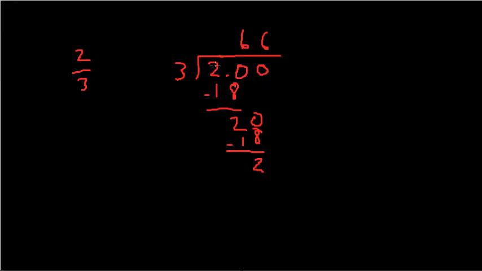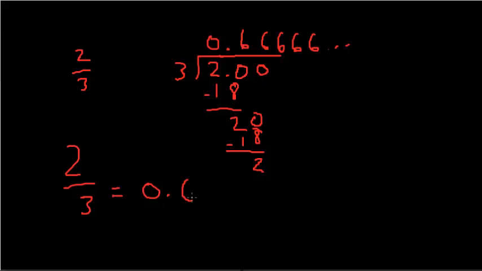If you notice, we have this pattern showing up again. As soon as I recognize that pattern, I know that this is going to go on forever. My decimal point was right here, so I have 0.6 repeating. So 2/3 is equal to 0.6 repeating.